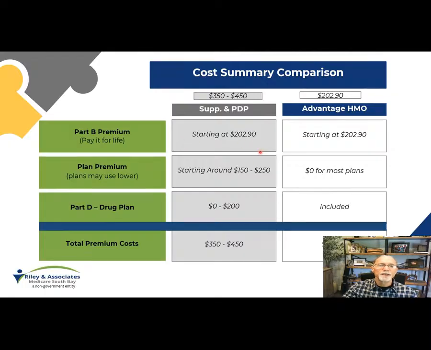You would be adding a supplemental plan, which would be anywhere from $150 to $250, depending on your age and when you're coming into the system. And then Part D, you could have anywhere from a $0 to a $200 Part D premium. Most of them are $0 to $5, $10, something like that. But if you're taking a lot of brand medications, it could be more.